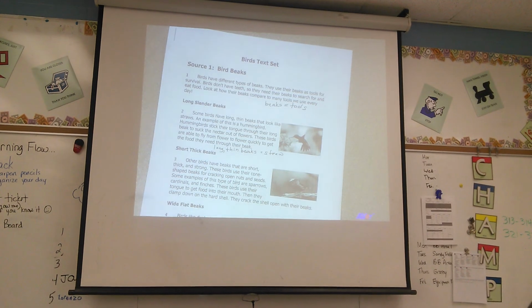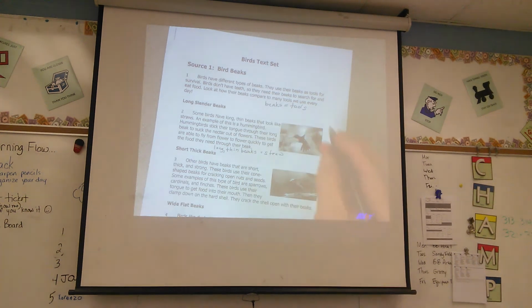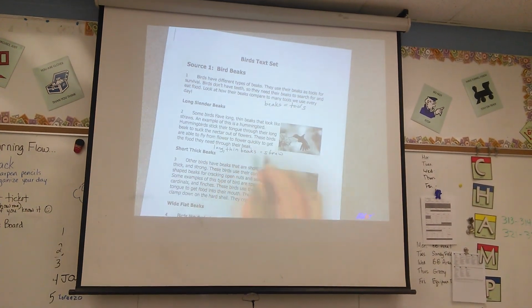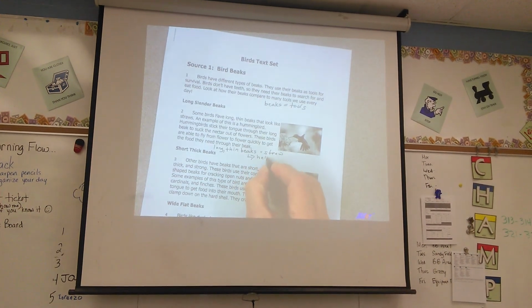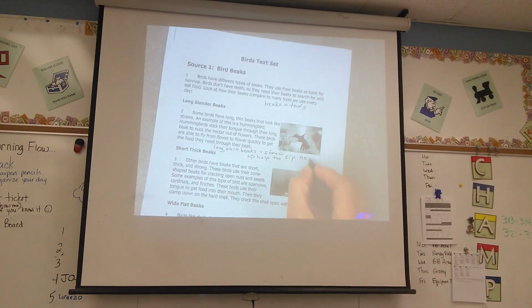So basically what this section is saying is that long, thin beaks help birds to sip nectar. Okay? So I know that I want to say that. Long, thin beaks equals a straw, but help to sip nectar from flowers.